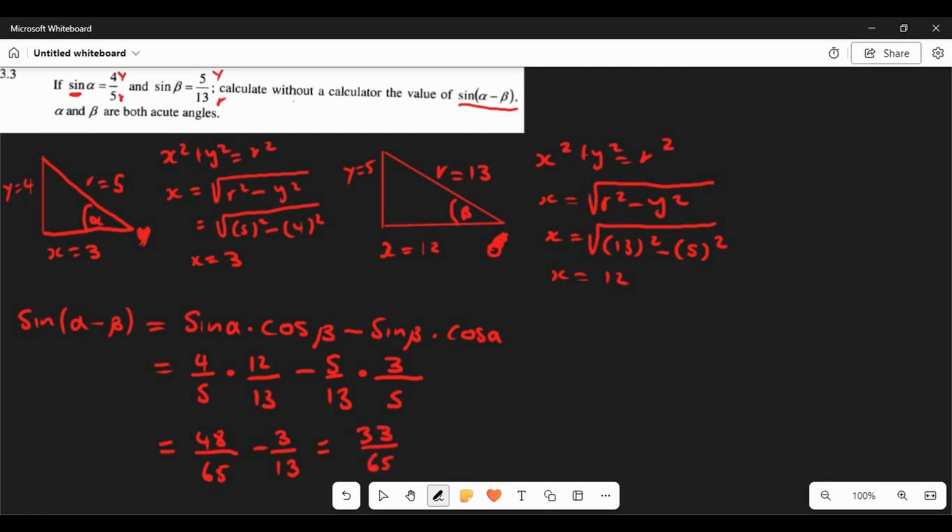So this is how you do this one, guys. Really, it was not that difficult. All you needed to do is to know how to do this triangle, and then after doing these triangles, you must be able to expand this compound angle, the sine compound angle, and then you substitute these ones here.